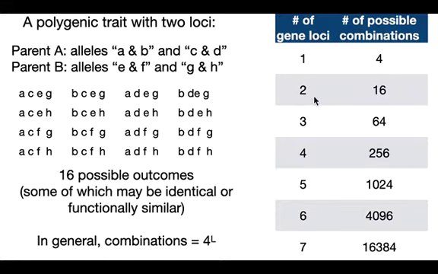When we go to 2 gene loci, as we've just shown, we get 16 possible outcomes. If we get up to 7 gene loci, we have 16,384 possible different variations. And as I just said, some of these things are hundreds. So if you think about what's 4 to the power of 100, it's a big, big number. So that accounts in part for the wide range of variation in human phenotypes.